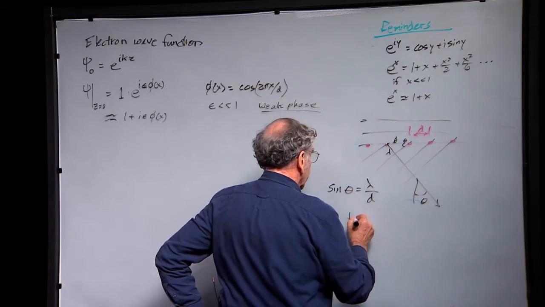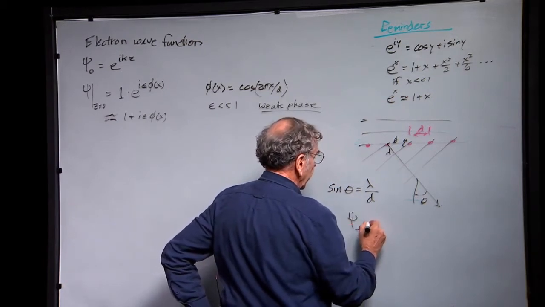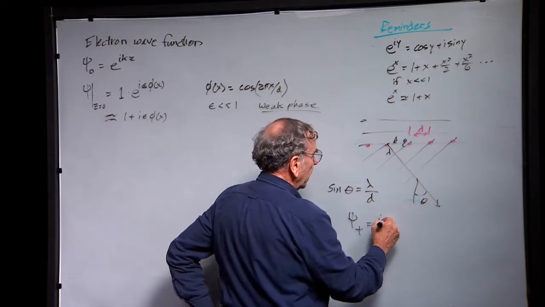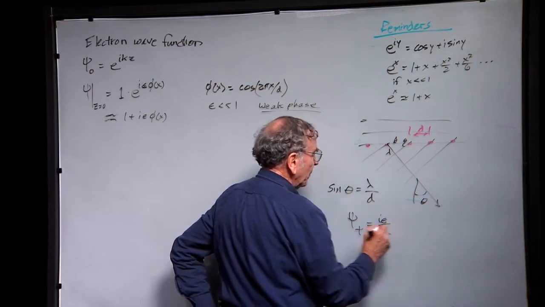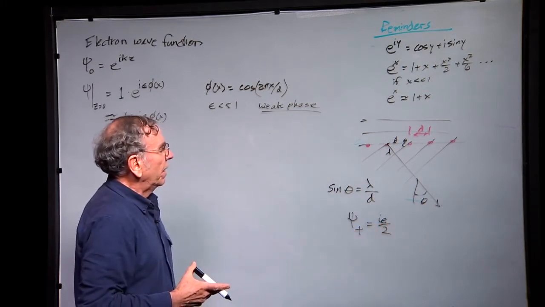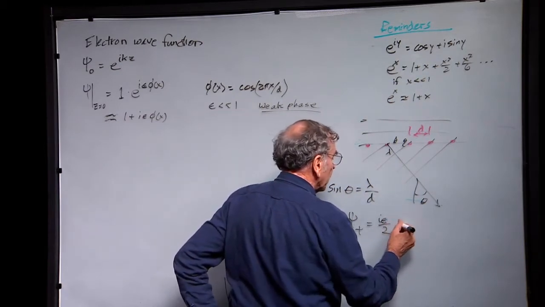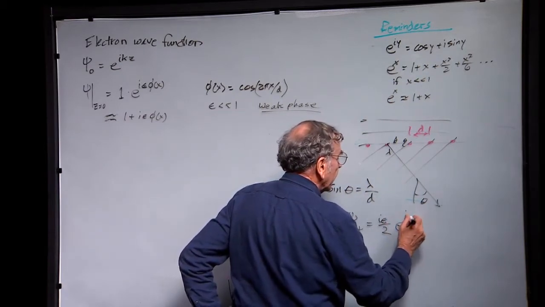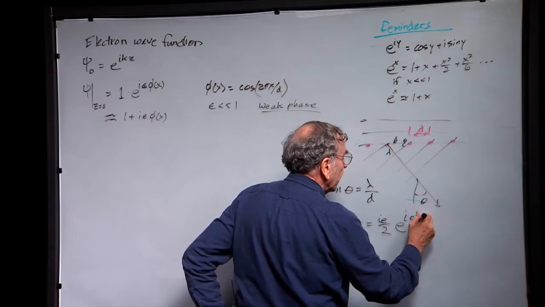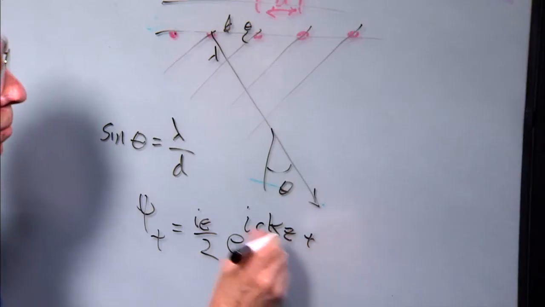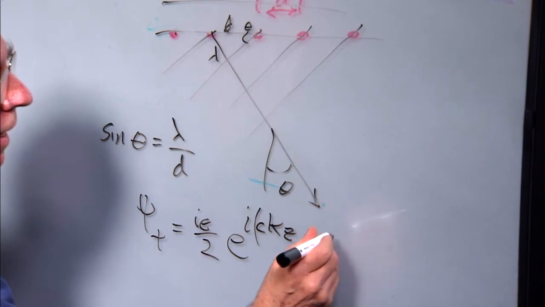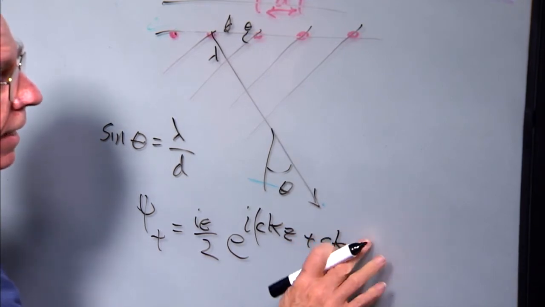I'm going to call this wave psi plus, and there's an amplitude term that you can figure out later by matching boundary conditions, but this is what it looks like: e to the i k (c z plus s x).